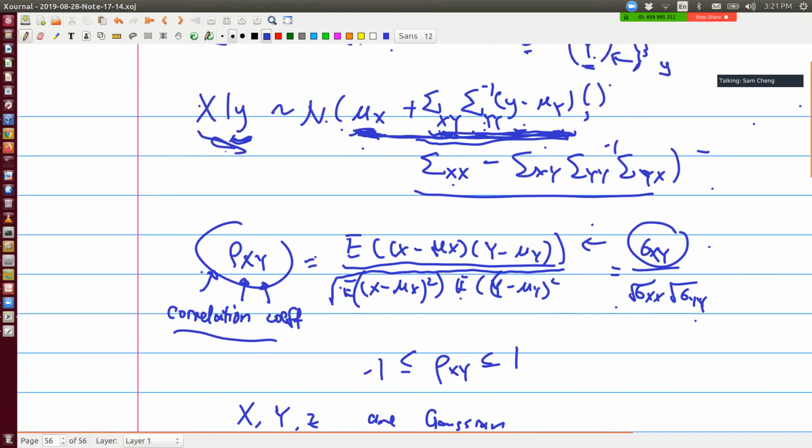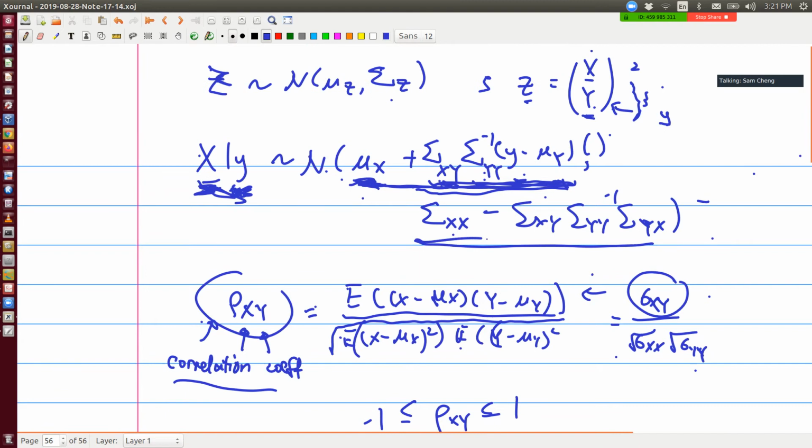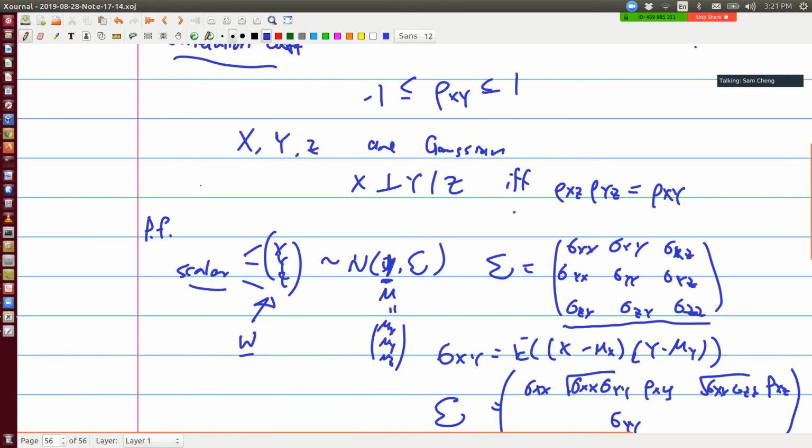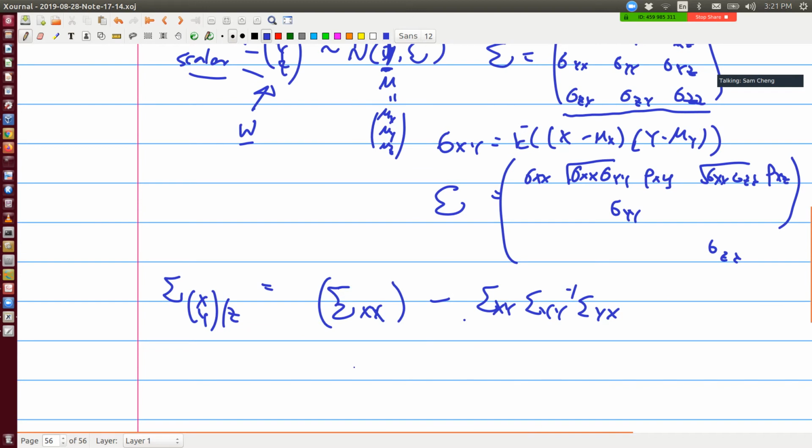That's exactly what we are doing. If we observe some random variables, and we already said it's jointly Gaussian, we look at the remaining variables. We will have a mean like this, and the covariance matrix will be like this one, the covariance matrix of the remaining variables. In this case, the remaining variables are x and y, observing z.